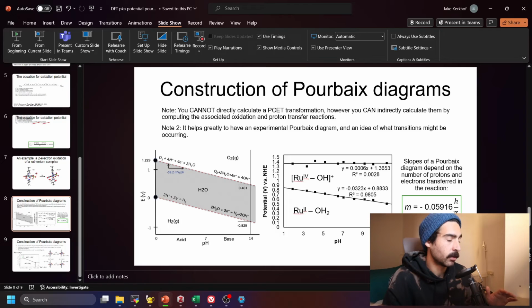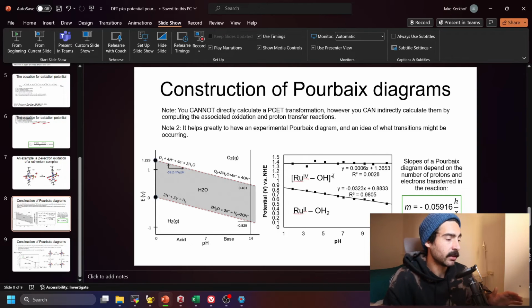Once again, the ratio is going to be 1, and you have a slope of negative 59 millivolts. The experimental Pourbaix diagram for our ruthenium species had a slope of 32 millivolts, so this tells us that we're likely having a 1 proton, 2 electron transfer, which is why we predicted a transformation from the ruthenium 2 aquo species to the ruthenium 4 hydroxo species.